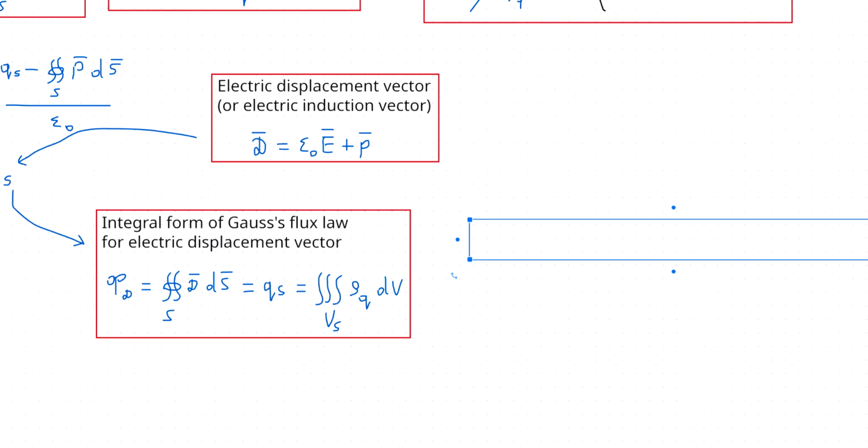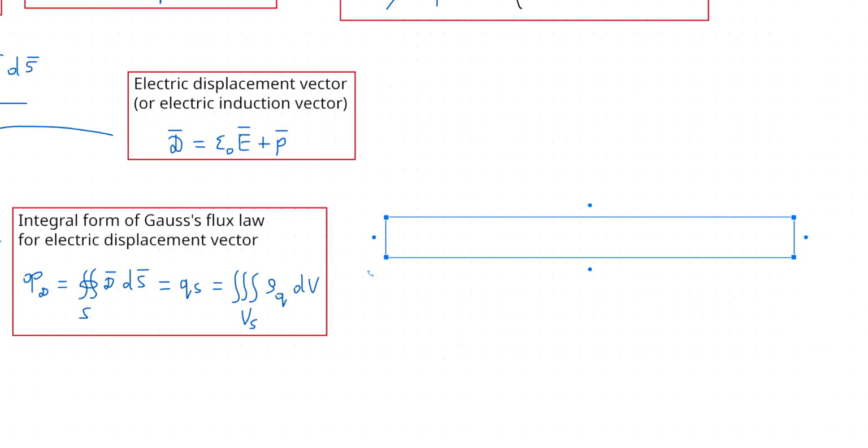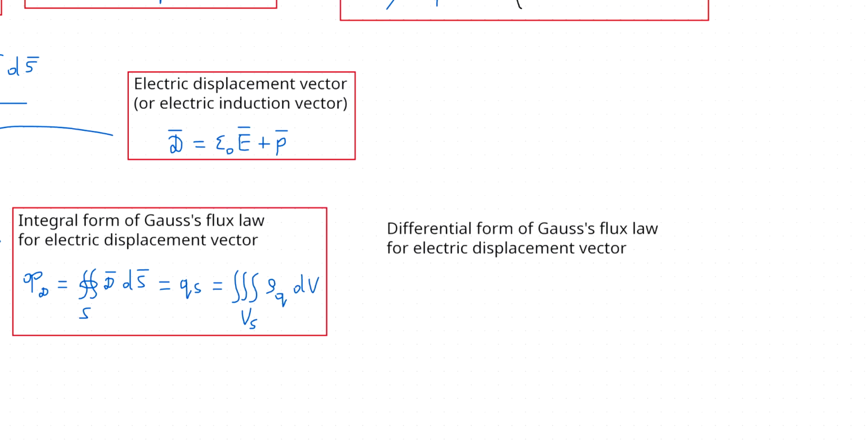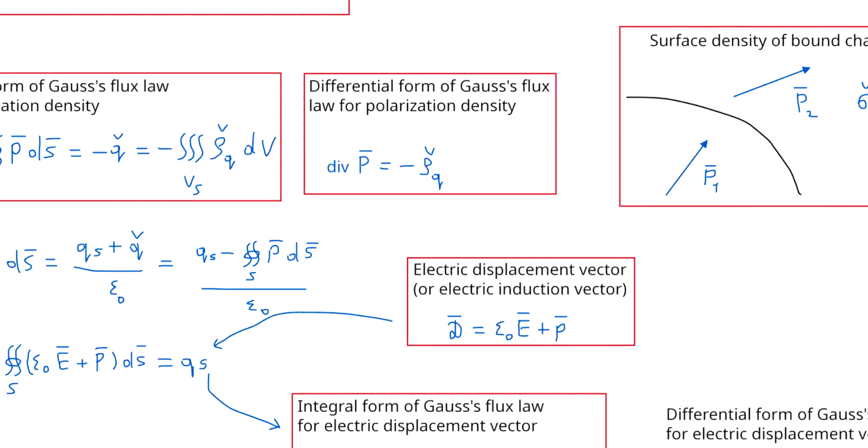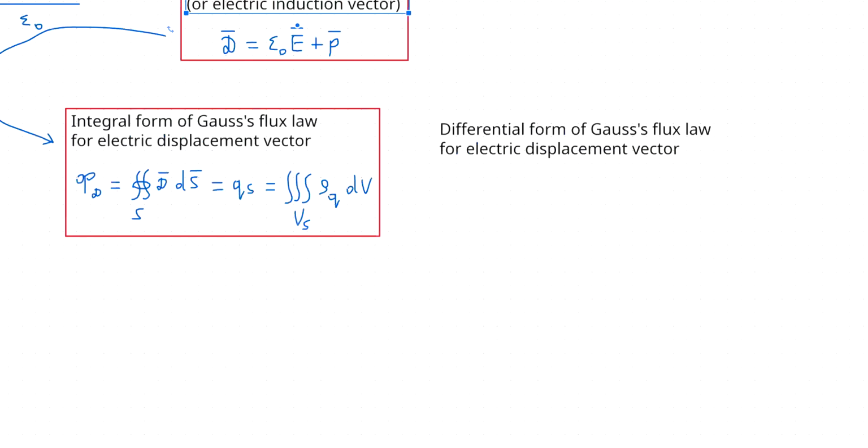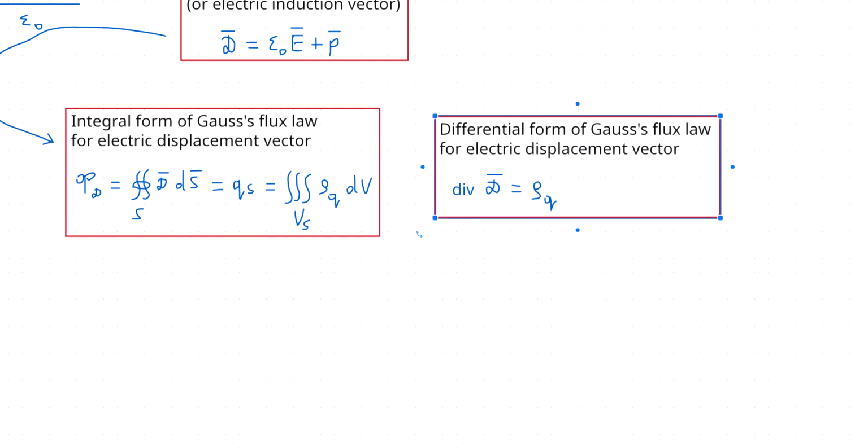Differential form of Gauss flux law for electric displacement vector: this will be divergence D is equal to rho q.